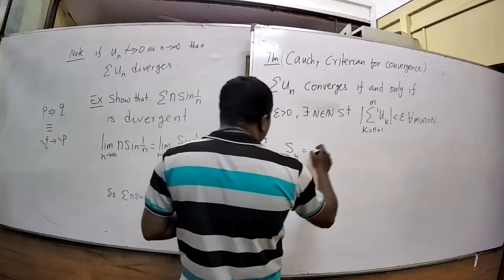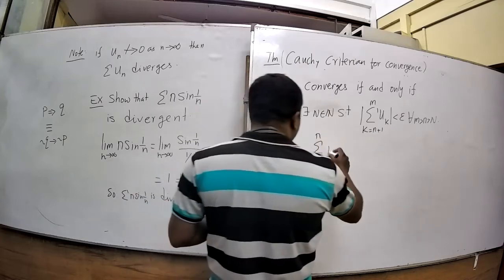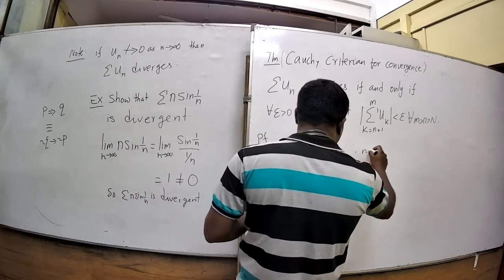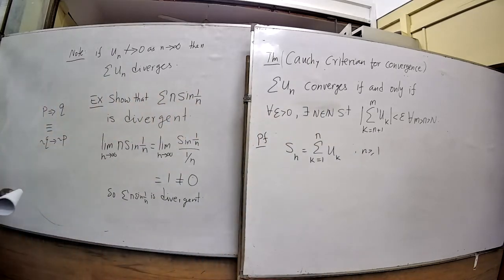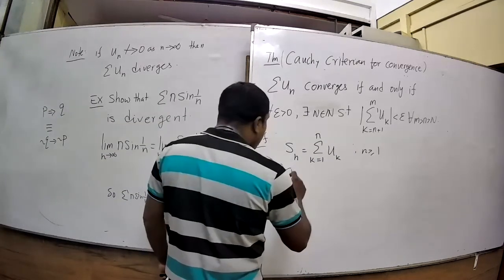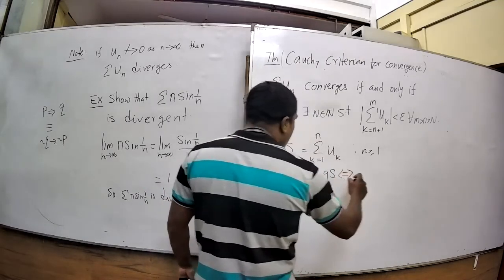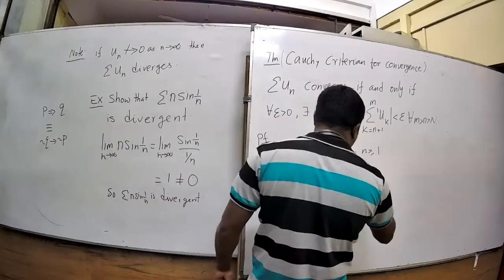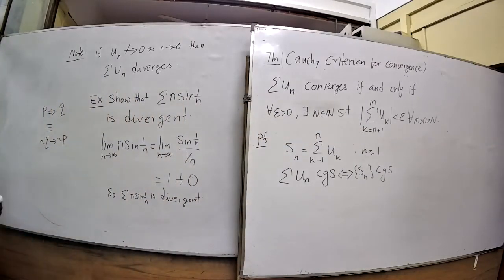So you know the partial sum is this. For any n bigger or equal to 1, we see that the partial sum is this, right? And you know this statement is true: the series is convergent if and only if the sequence of partial sums is convergent.